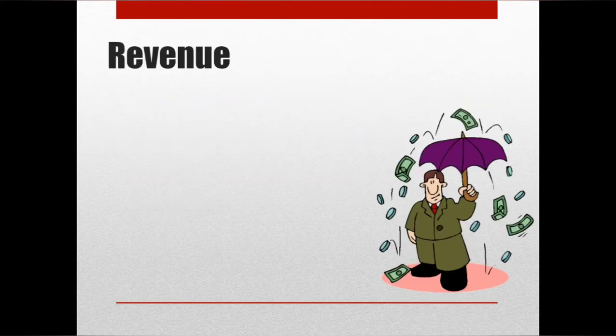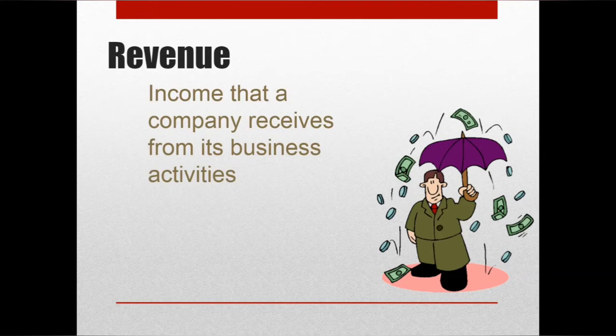So the two components on the income statement, as we just learned, are revenue and expenses. So a little recap, what is revenue? Revenue is any income that the company receives from its business activities. So whatever your business normally does to make money, what you are in business to do, that is going to be your revenue.